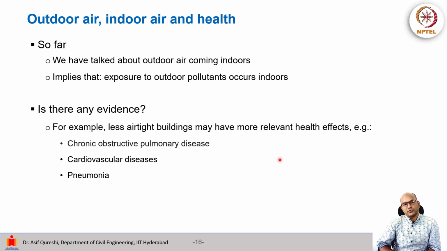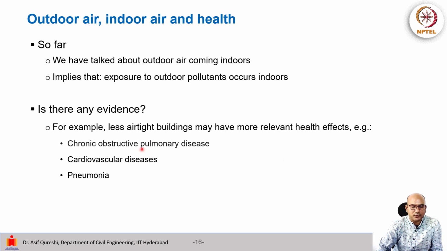So if that is true, that outdoor air pollutants are coming indoors, then people who are indoors should be exposed more to these pollutants, and there must be some indication that they have some health symptoms, maybe cardiovascular or breathing related issues, when there is more incoming of outdoor air to indoor air.